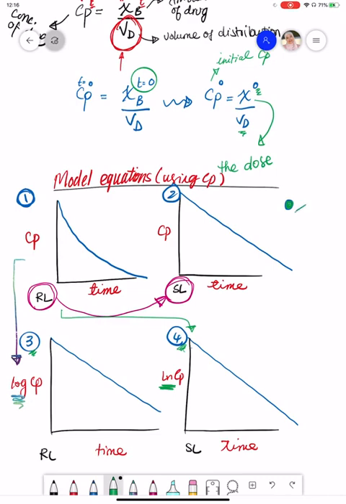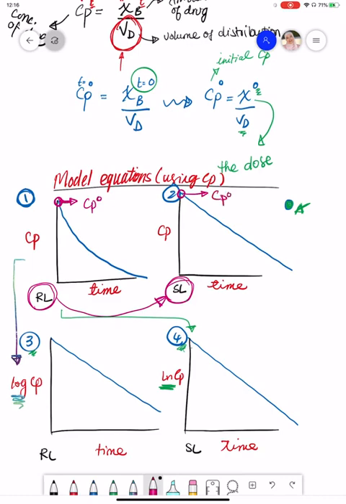We mentioned that here we are just visualizing it as linear, but the reality of the profile on the rectilinear graph is exponential. According to the concentration terms in the equation, the y-intercept is CB naught, which is the initial concentration, and the same thing here, CB naught.